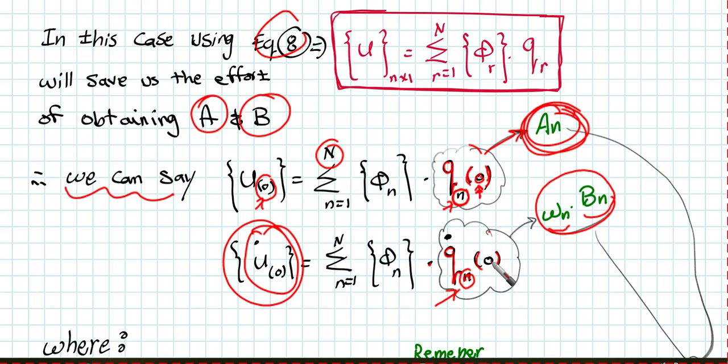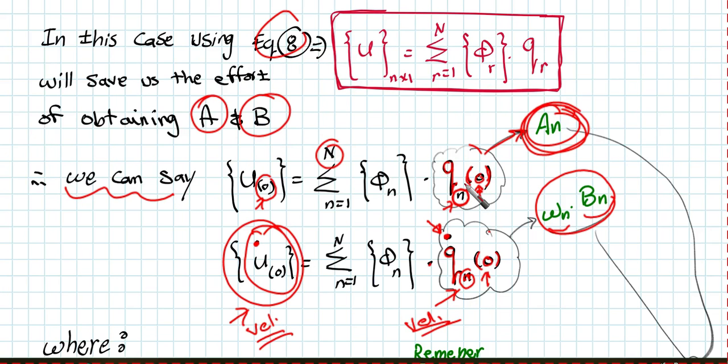Between parentheses it is 0 because it is for the initial condition, and here we put a dot, similar to the dot here, because we are talking about velocity. This dot distinguishes it from the other qn.